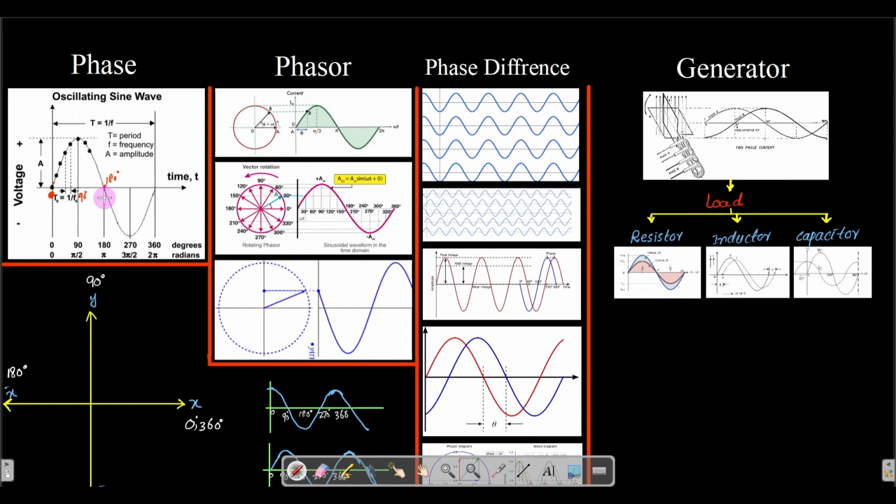And after 180 degree, at each and every single increase in the phase, if it becomes 181, the amplitude will be increasing in the opposite direction. So here this will be increasing, and for each degree it is increasing.